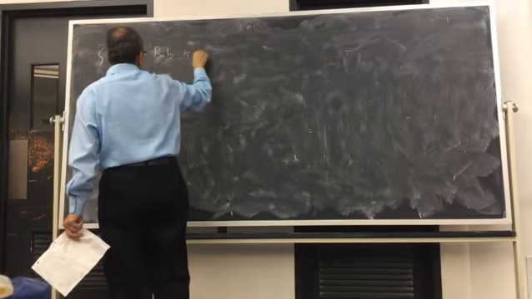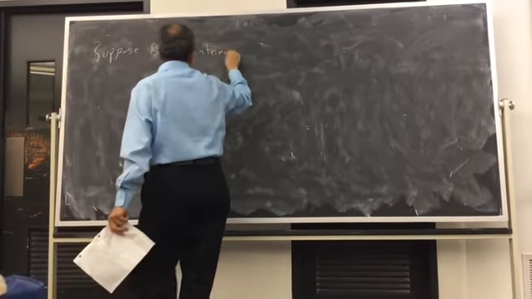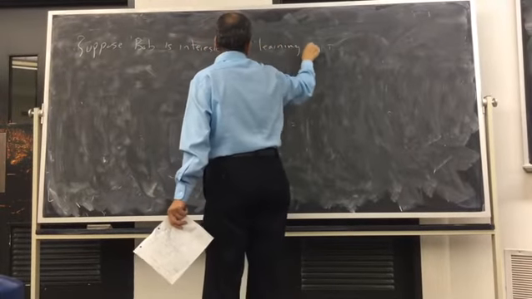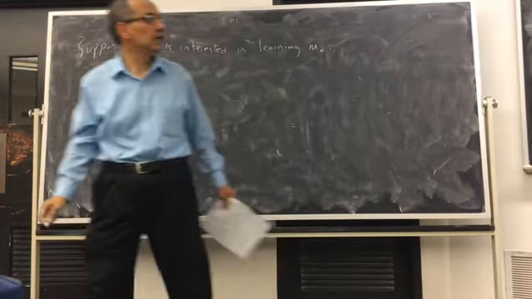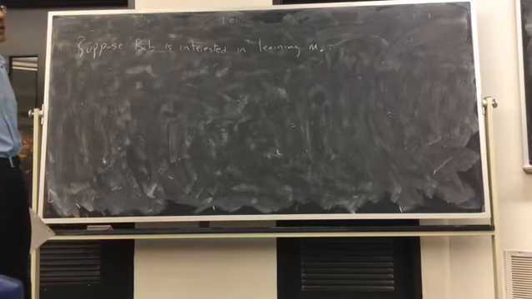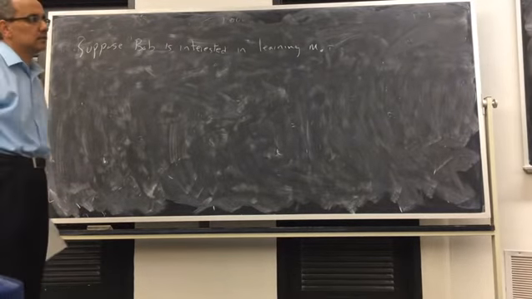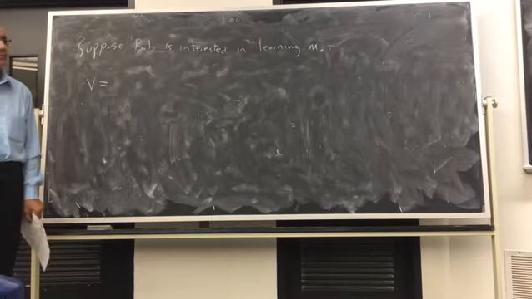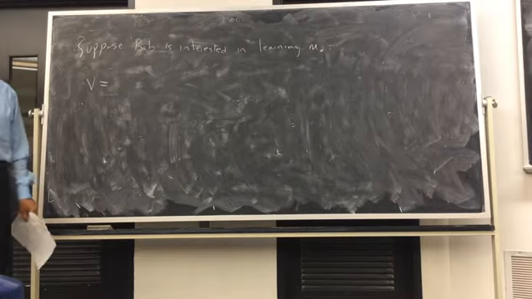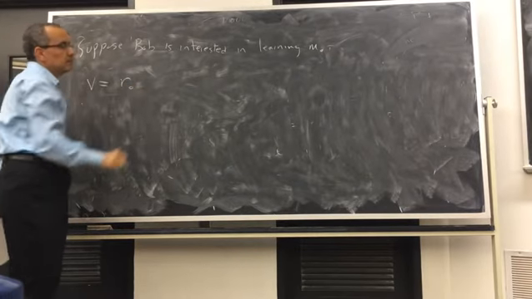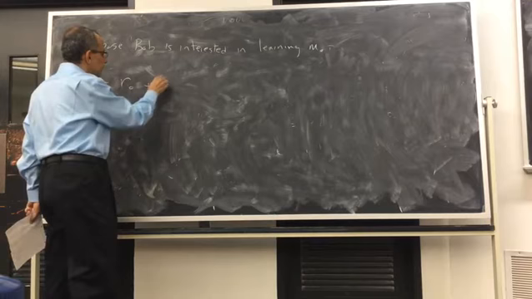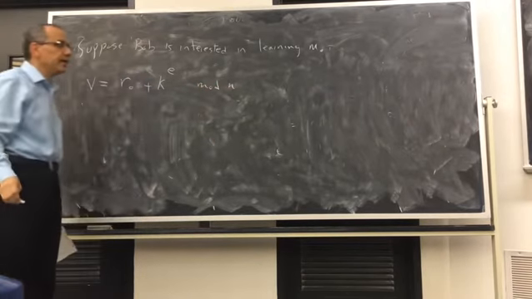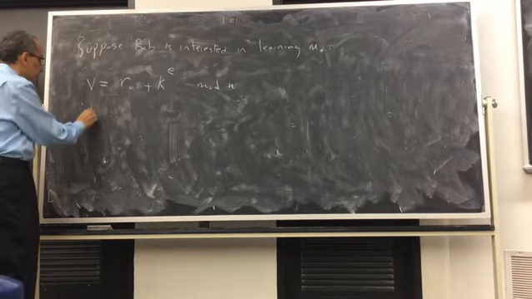In this case, V is equal to what? R0 plus K to the power E mod N, right? Okay, and then K0 will equal to what?